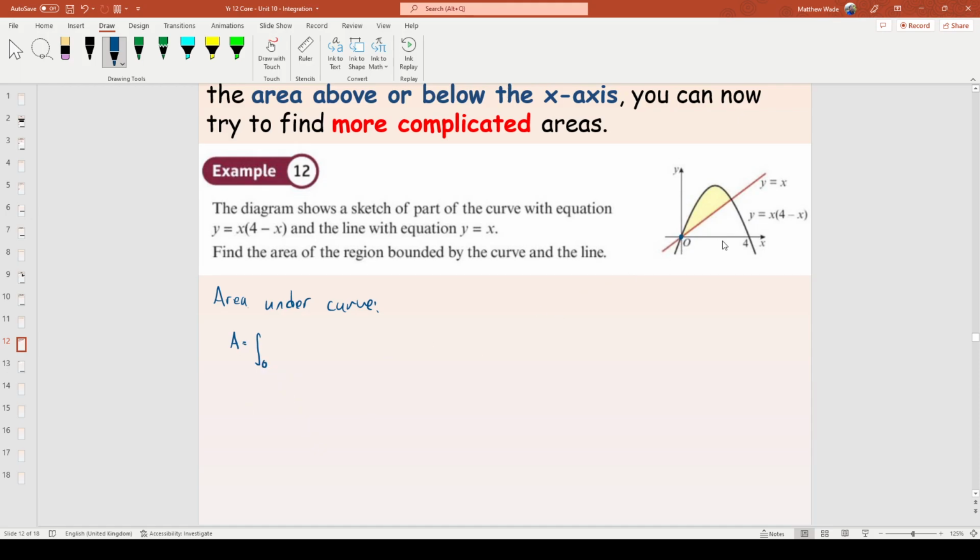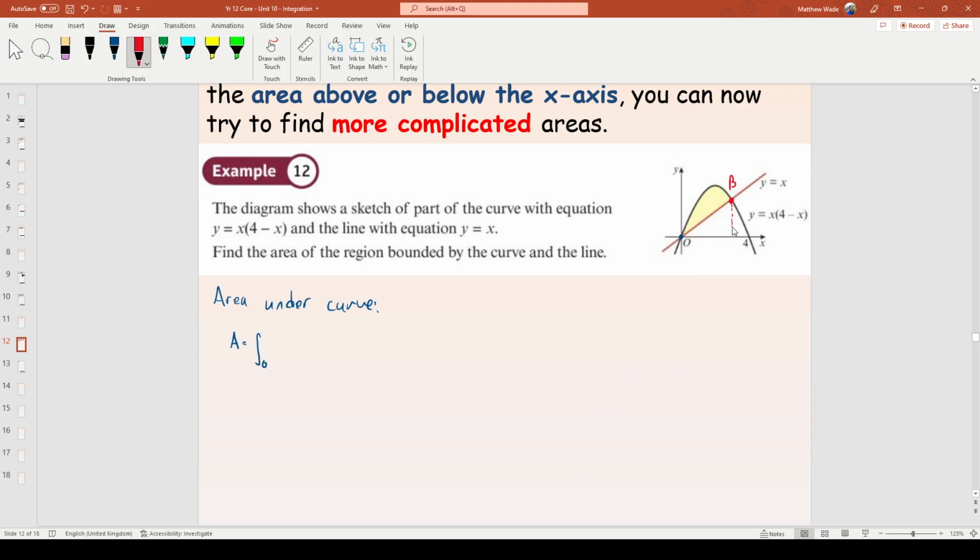But are we going to go all the way to 4? Well, no, actually, because we don't have to get from there all the way to there. We only have to get to this point here, which I'm going to call, I can't call it A because I just called the other thing A, call it B. Okay, sweet. So we just need to get to B, right? We need to go between 0 and B. But I don't know what B is.